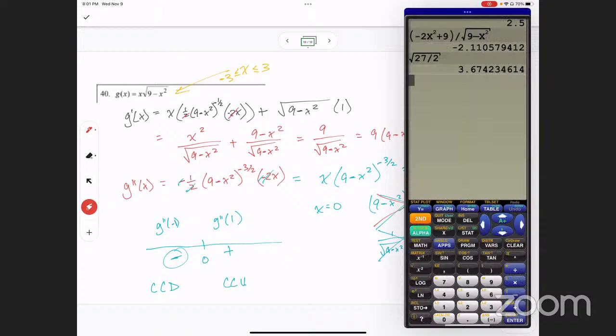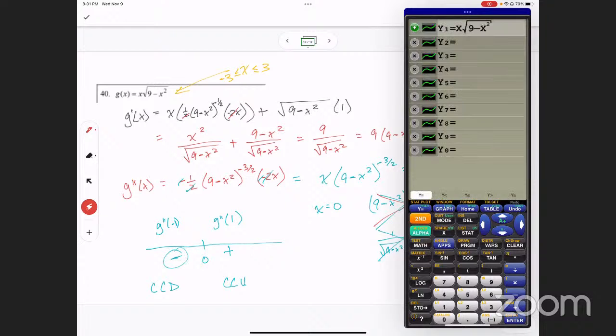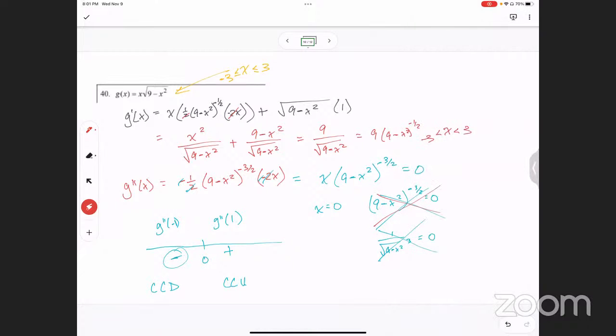I did something wrong here. Did I plug it in wrong? No, I didn't plug it in wrong. So what did I do wrong? This should be positive here, and this should be negative here. So I made a mistake somewhere with the sign. Was this 1/2 not supposed to be there, and that -2?